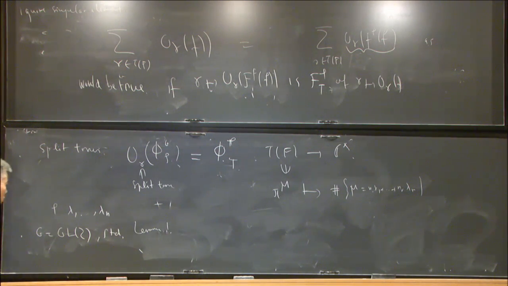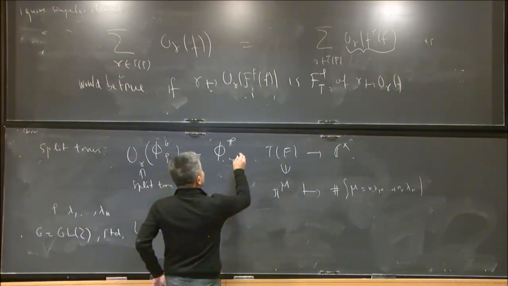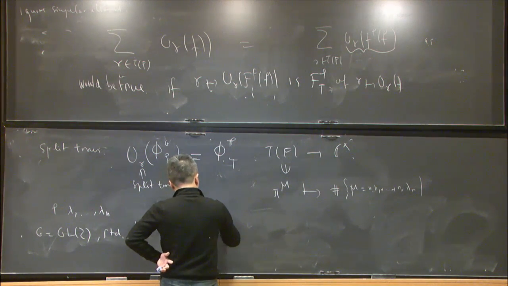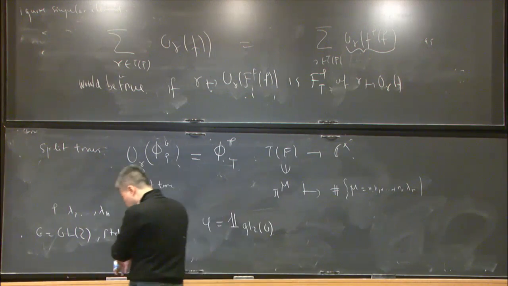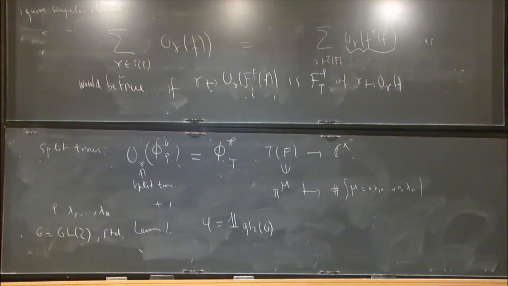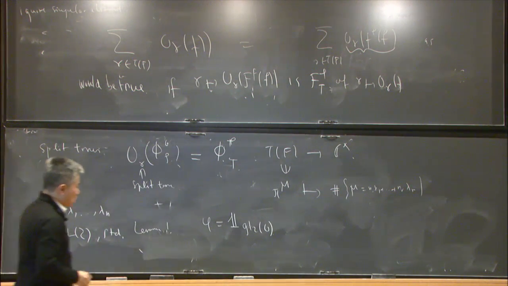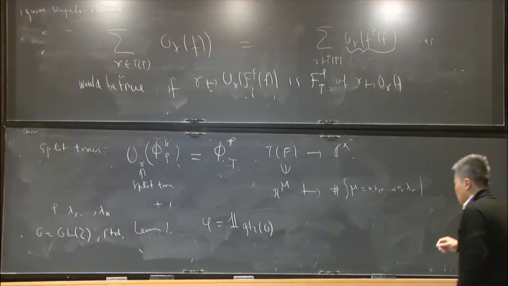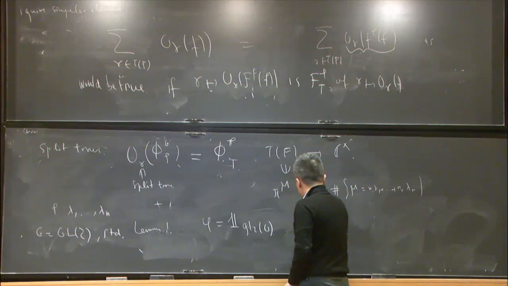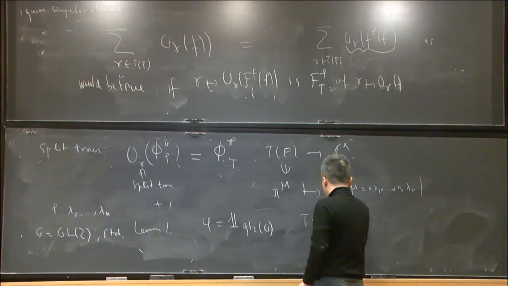So when you do this, you start with the function phi, a characteristic function of GL2 of O. So this is something very funny that happened. So I'll just take 2 minutes to write things down. Let's look at the quadratic, some T corresponding to some quadratic extension.